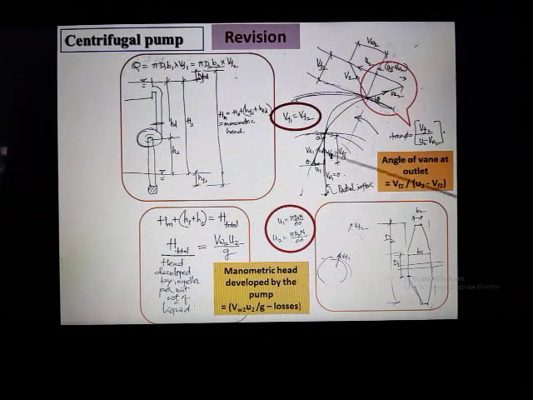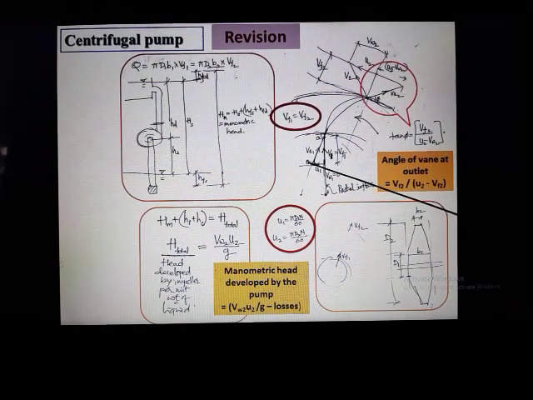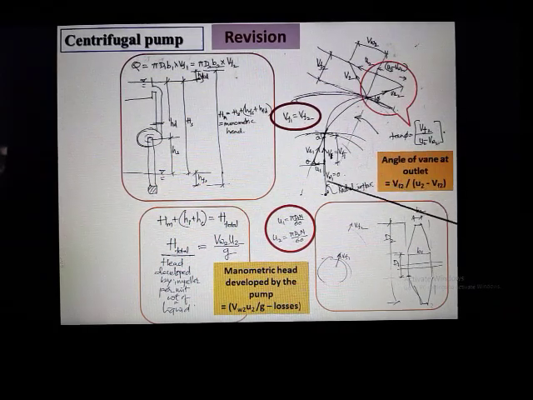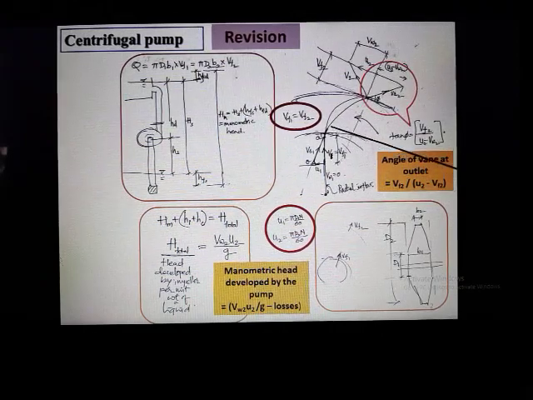So U1, Vr1, angle made by Vr1 with the U is the angle of vane, that is theta. Now because V1 is like this, Vw1 is 0, and then whole of V1 becomes Vf1.